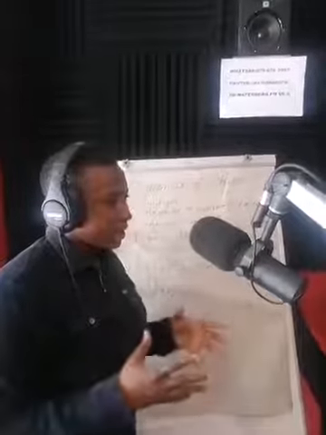So it means in a market, there must be a buyer, there must also be a seller. They exchange the goods and the services, and these goods and services must have a price. So a market is where buyers and sellers meet to exchange goods and services at a given price.